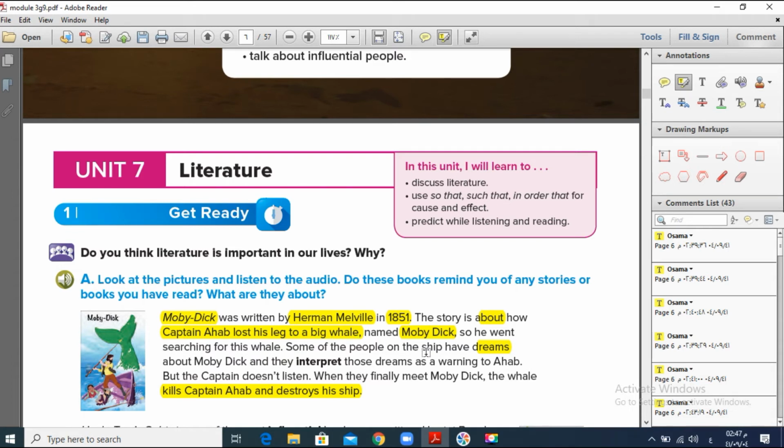The whale named Moby Dick. Captain Ahab went searching for Moby Dick to befriend him, to be his friend. True or false? False, of course. He wanted to kill Moby Dick to take revenge. Why? Because Moby Dick cut his leg.